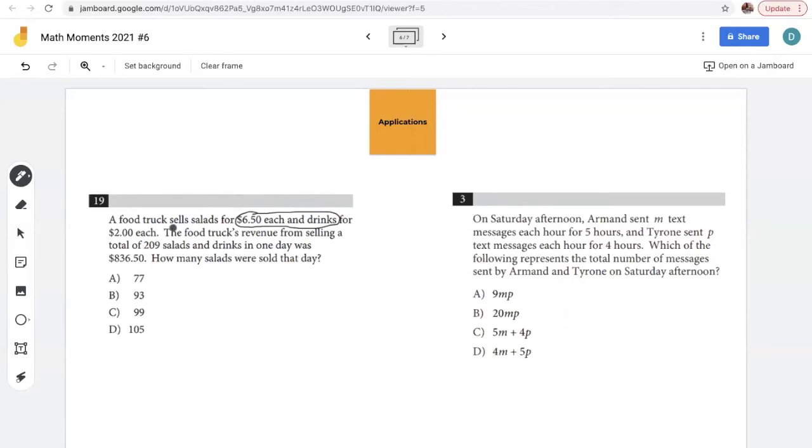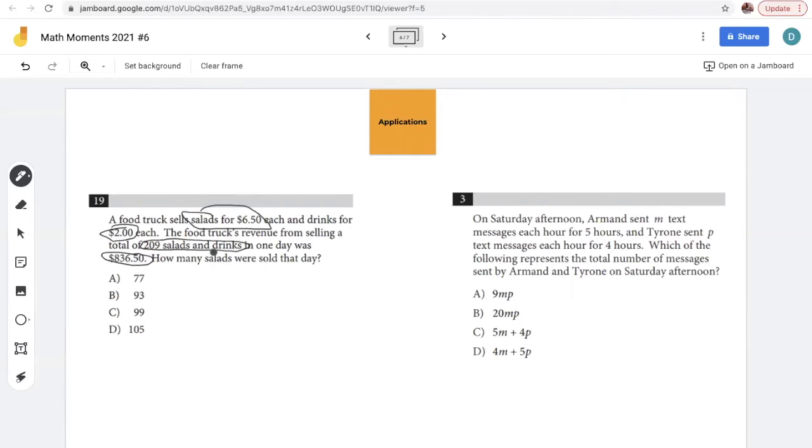Whoops, I read that wrong. Sorry, salads are $6.50, and then drinks are $2 each. Then we also know that they sold 209 salads and drinks.